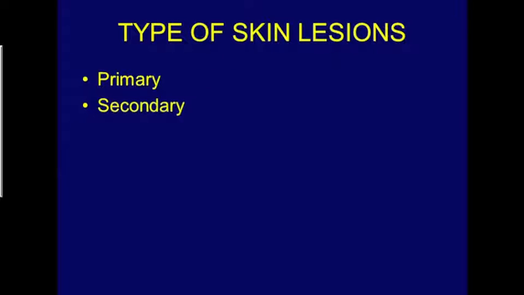I always say that when you describe the lesions, imagine somebody on the other side of the phone, not actually seeing the patient, and see whether you can describe it so that the person is able to reach the diagnosis. Now, when you look at a lesion per se, a lesion can be primary or secondary. What do I mean by primary or secondary?